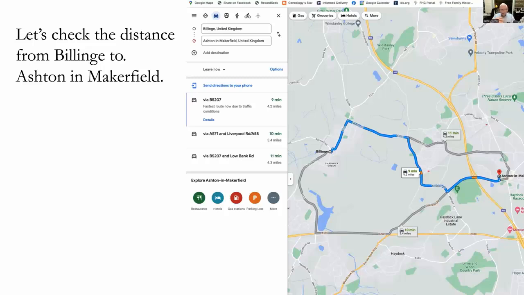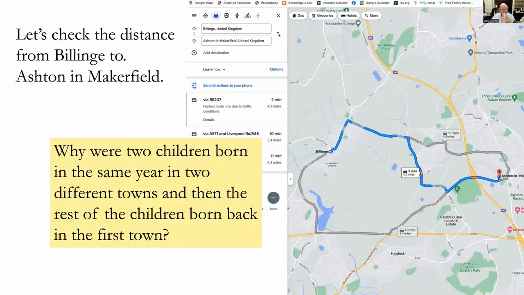But the question is still that the two children were born within the same year, so we need to look further. If there's a back and forth kind of thing, then you have to come up with some reason why that occurs. Otherwise, what you're looking at is someone who has been put into that family that does not belong.